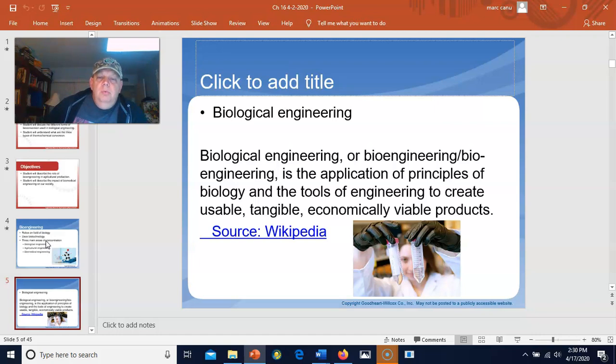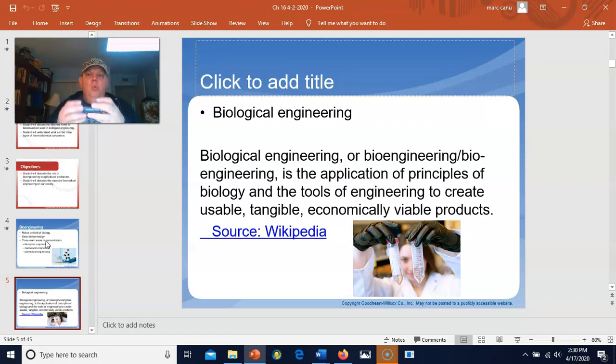Yes, you're using the basic ideas of biology. We're using engineering tools that, let's be honest, we've covered so many of throughout the year, to create something that would be usable, tangible. Tangible means it's something that's real.